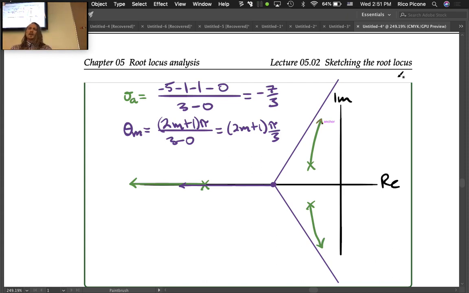And another thing you could learn, qualitatively from this. So that's one thing we can learn qualitatively, that eventually, if you keep increasing the gain, it's going to go unstable. The second thing we could learn is that there's no way to make this system be anything overdamped. It can never be overdamped because you've got these off-axis poles, and they never come back to the axis.